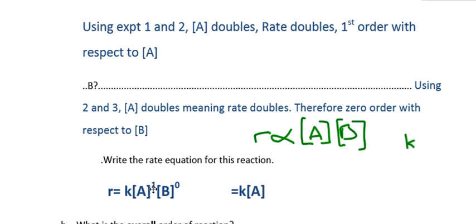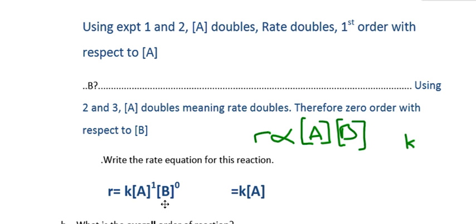A is to the power of 1 because we worked out, using experiments 1 and 2, that with respect to A we have a first order relationship. So I put the concentration of A to the power of 1. With respect to B, we said that the order was 0, and so I put it to the power of 0.